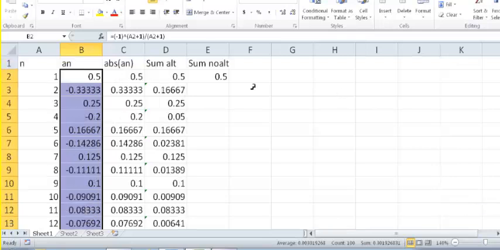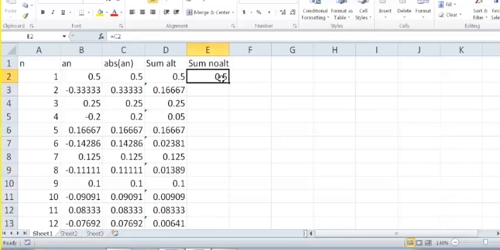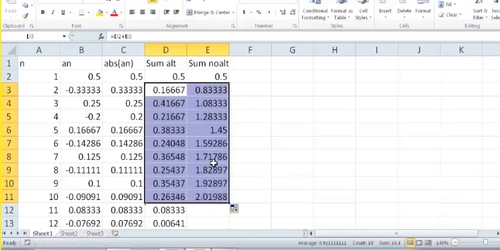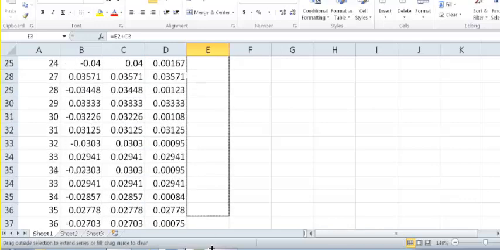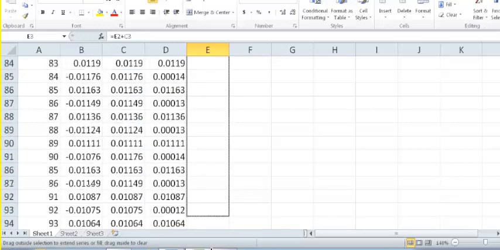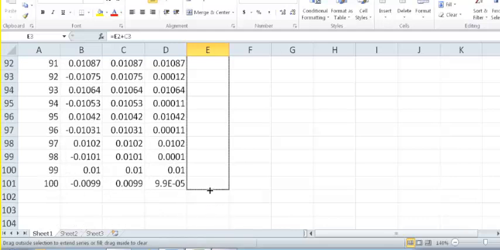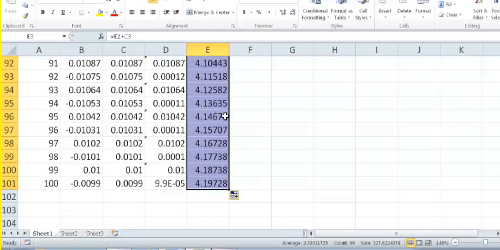Now I copy this over to here, and you can see it goes up instead of down. Now I'm going to copy that formula down to 100. So you see it's growing, and it looks like it may level out.